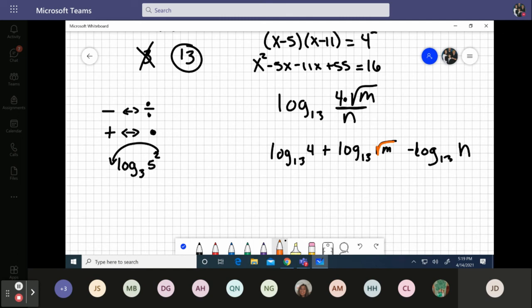So this, in the end, is log 13 of 4 plus 1/2 log 13 of m minus log 13 of n.